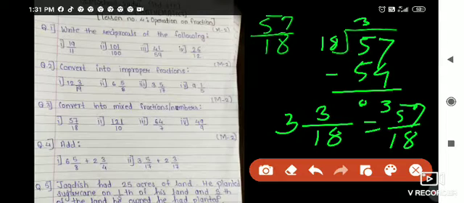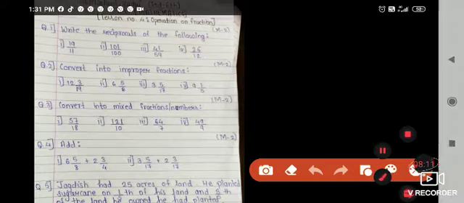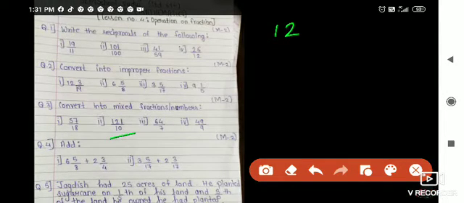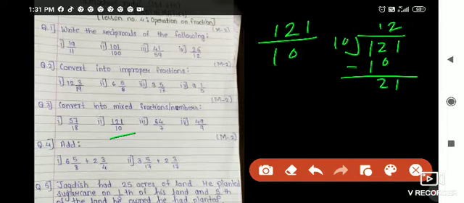Okay, now the next question is 121 upon 10. Note down this. So 121 upon 10: 10 ones are 10, remainder is 2, bring down 1 to make 21, and 10 twos are 20, and the remainder is 1.